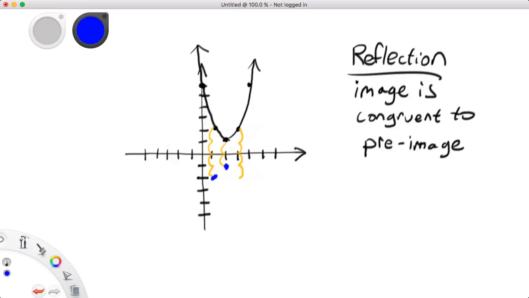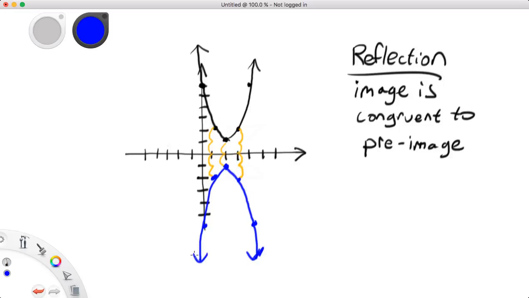They look a little different, but they're kind of cool because they're sort of symmetrical and stuff like that. So we love to use them. Me too. All right. So there is my pre-image.